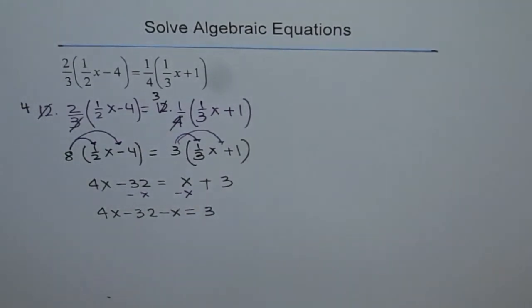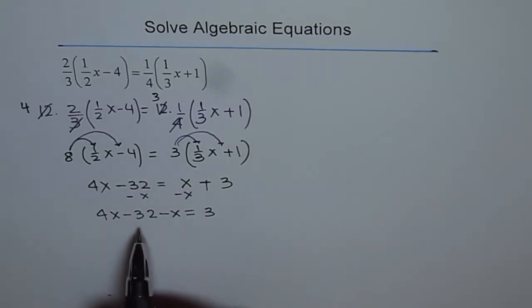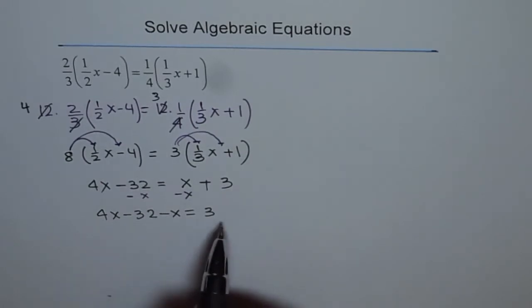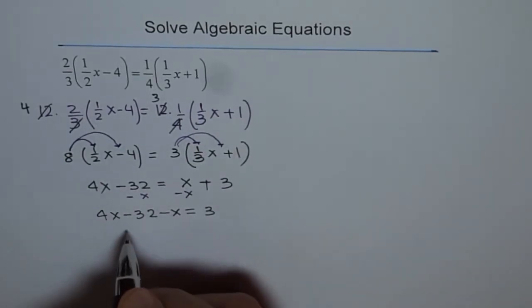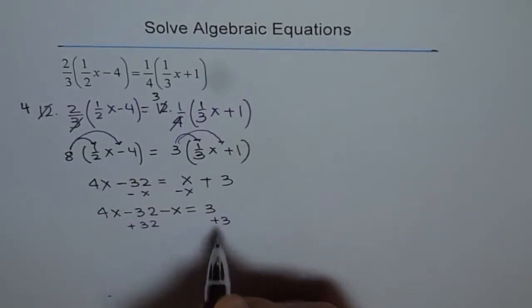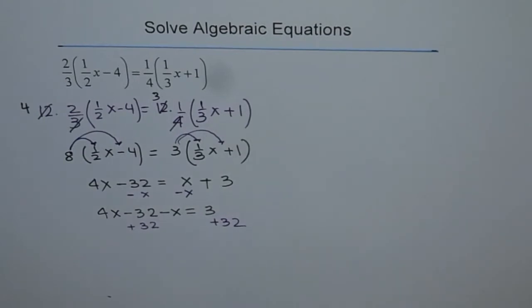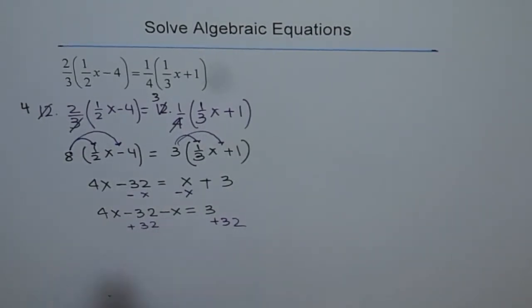Correct? And now we can bring constants on the right. So we have to get rid of constant from the left side. So what do we do? We add plus 32, right? So let me write like this time. That is, I'm writing separately here like this, plus 32 and plus 32, correct? If we do that, then we get 4x minus x, which is 3x.